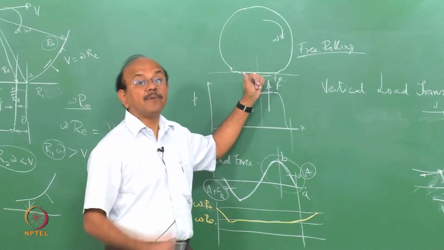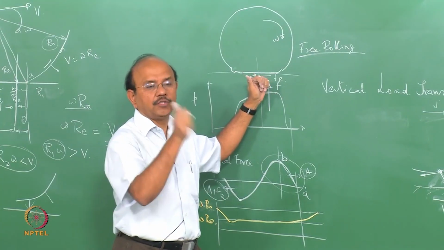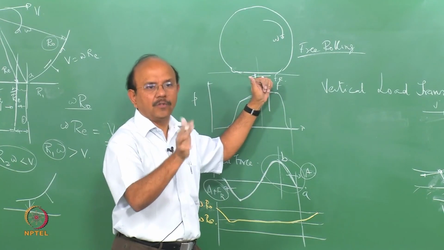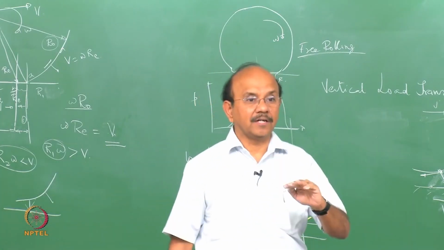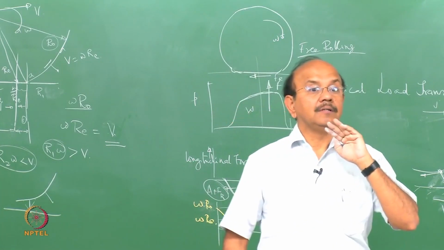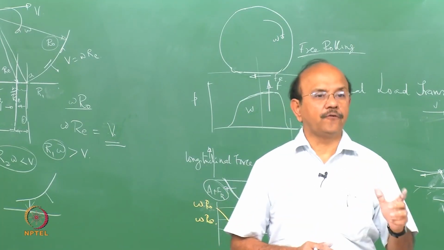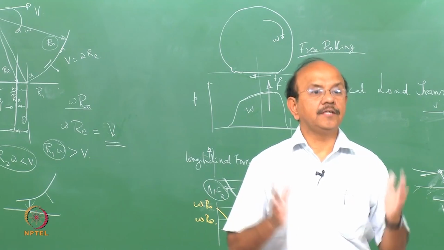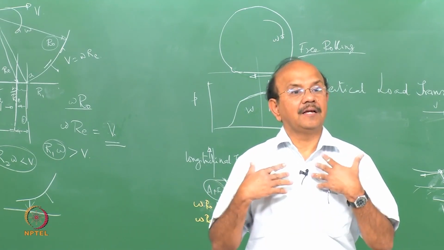In other words, I am not applying a longitudinal force, either to brake or to accelerate. So under these conditions, the only force that acts is the rolling resistance force, and the rolling resistance force has to be compensated. Clear?